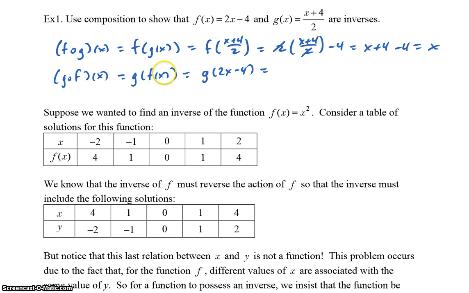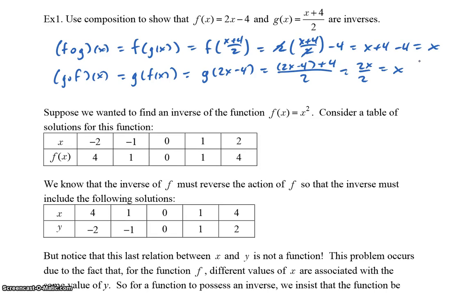Whatever we plug into g, we add 4 to it and then divide by 2. Notice minus 4 and 4 cancel, so we end up with 2x over 2. Once again, we end up with x. So regardless of the order of the composition, f and g cancel each other.